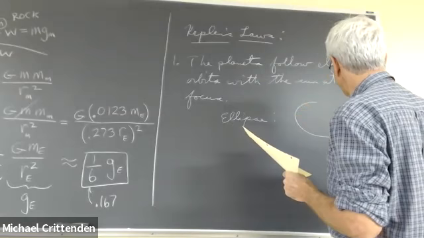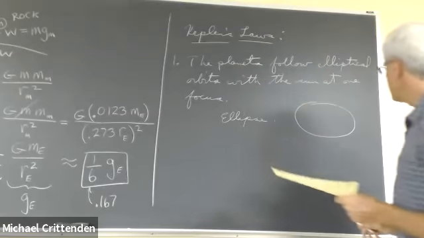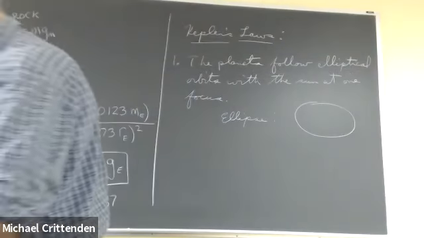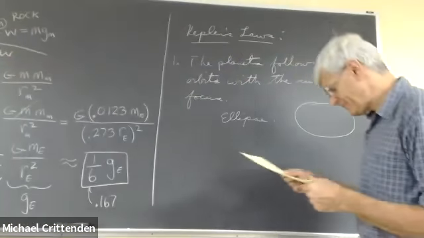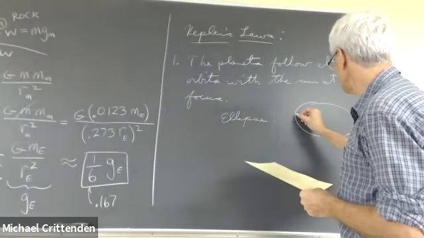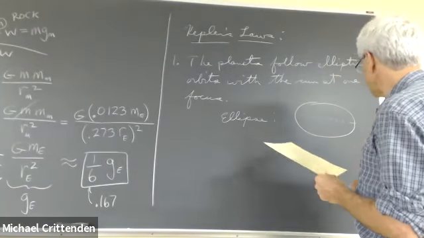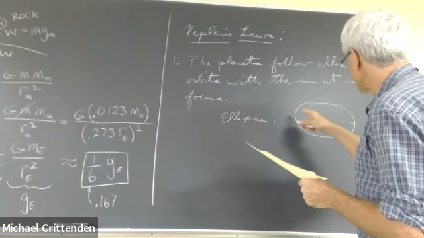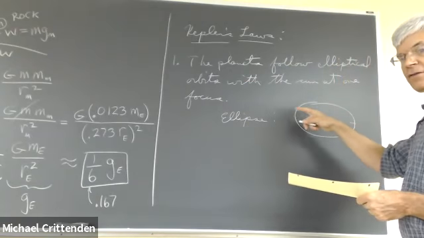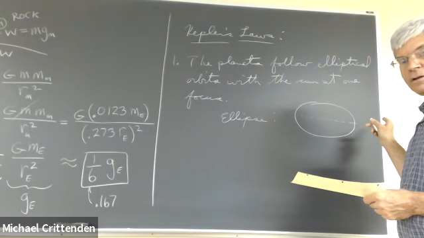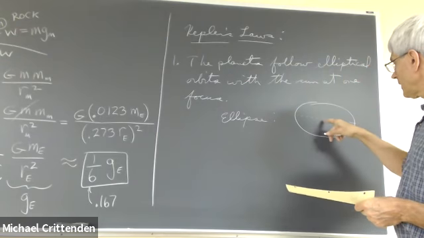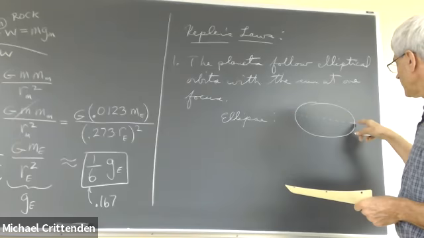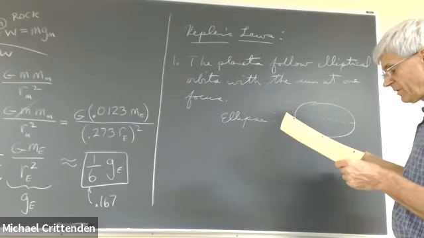An ellipse is kind of an oval-shaped curve. The longest axis that you can draw across it is called its major axis. Okay, it passes through the center of the ellipse and also the points that are the most distant from the center.